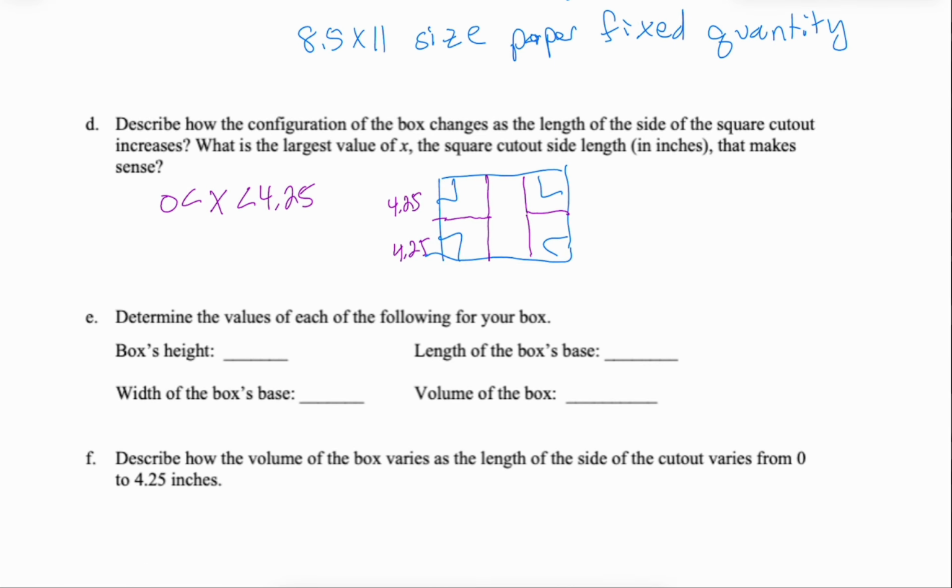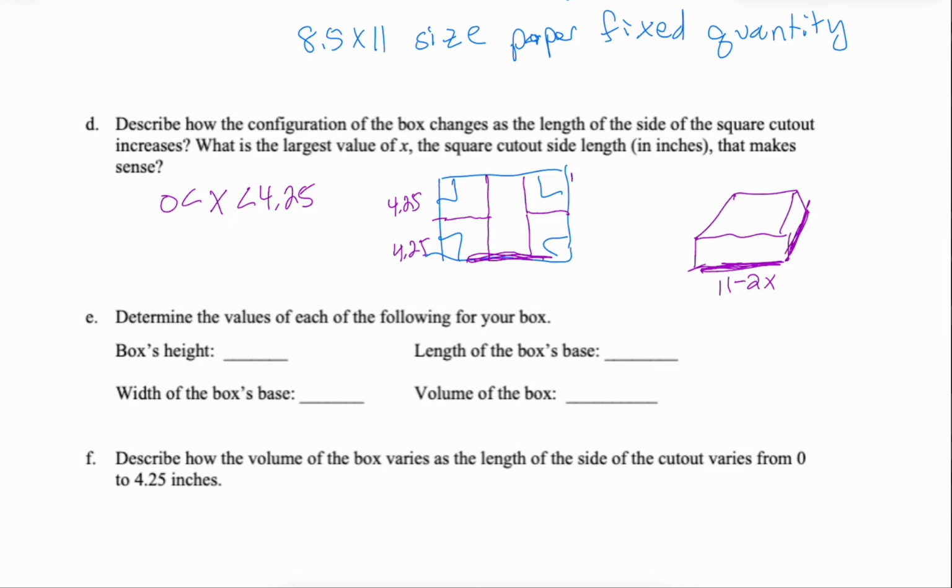Determine the values of each of the following for the box. Our box's height. Okay, so now we have folded it up. What is left? We have taken that 11 and we have cut out 2 X's.